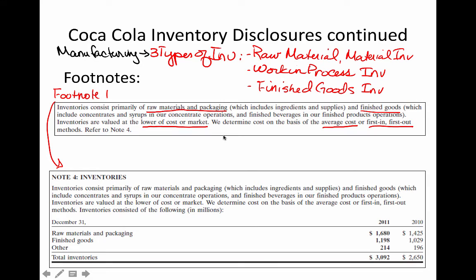Notice you also have to make disclosures about the type of inventory method you use. Notice Coca-Cola uses average cost or first in, first out, also known as FIFO, and that it must value at the lower of cost or market.